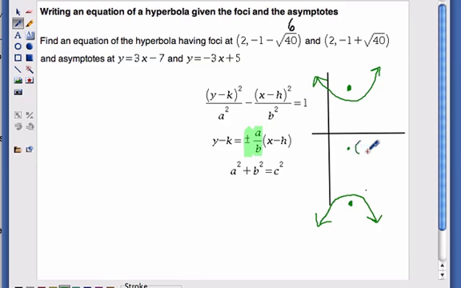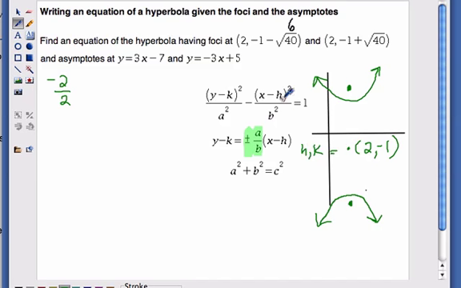So the center is at 2, comma, and then we add these two y values together and divide by 2. So -1 plus -1 is -2, and a negative square root of 40 plus a positive square root of 40 cancel each other out. So it gives me -2 over 2, which is just -1. So this is our (h, k) value.